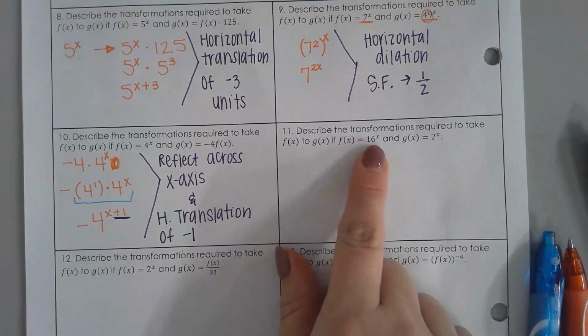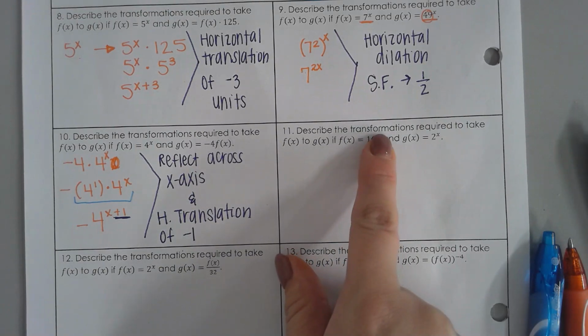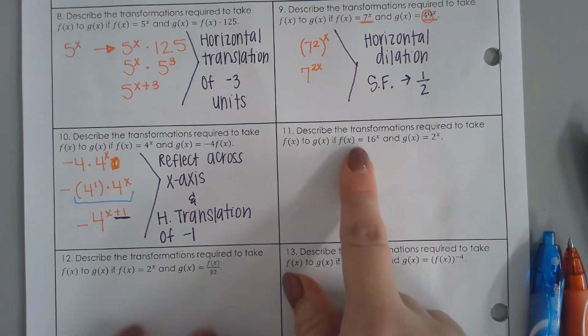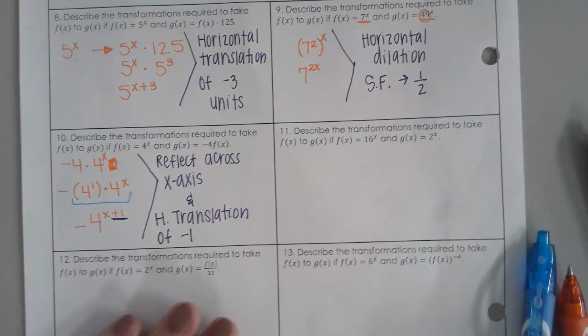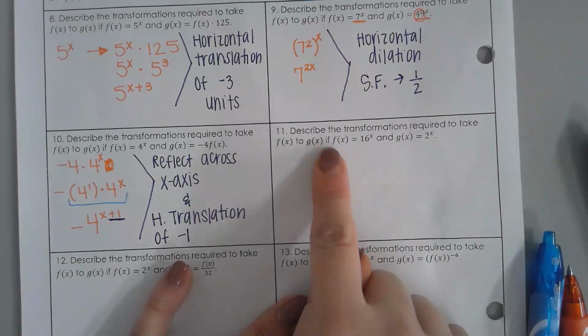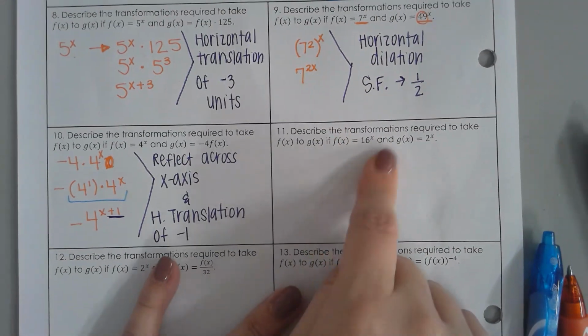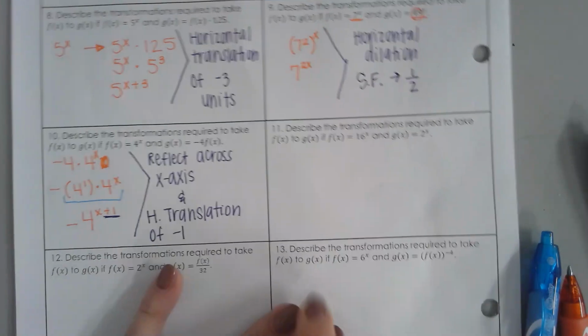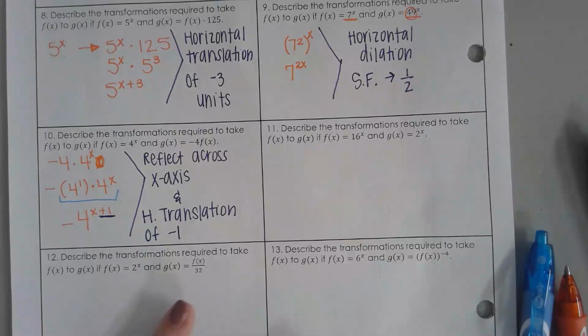So we're going from 16 to the x to 2 to the x. So I have to, this is my starting one. I have to see what I do to the 16 to get here. So we want to rewrite the 2. G of x is the one we're always messing with.